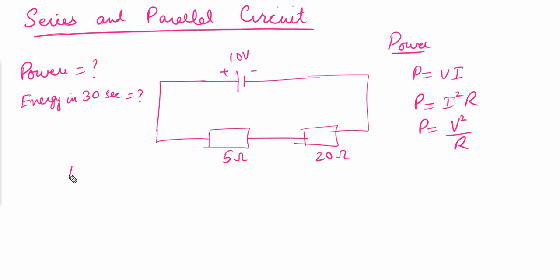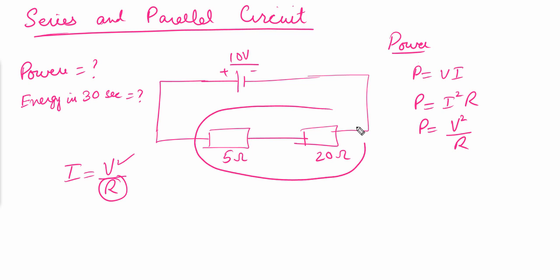Now Ohm's law says that I equals V over R. Now I know the voltage is 10 volts, and this R will be the total resistance of this circuit. The total resistance of this circuit will be 25, because you see that these two resistors are attached in series. So the total resistance of the circuit will become 25 ohms.